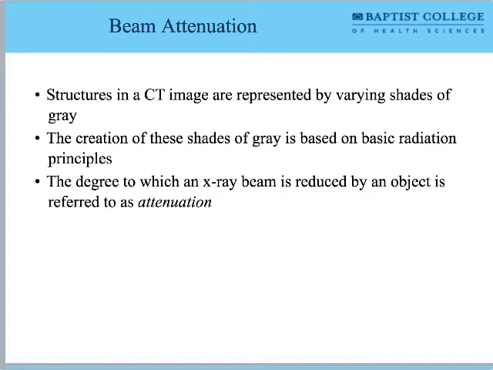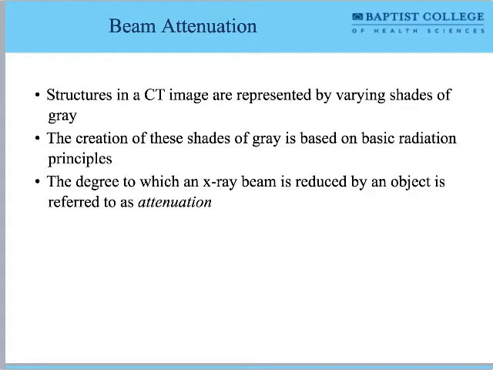The degree to which the X-ray beam is reduced by an object we will call attenuation. And that's an umbrella term. It relates to anything that reduced the intensity of the beam exiting the patient's body toward the image receptor.